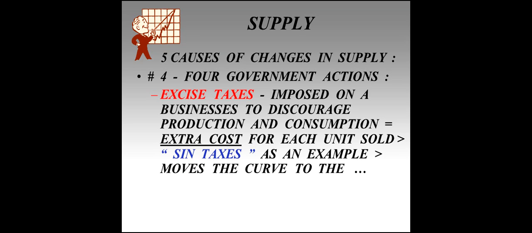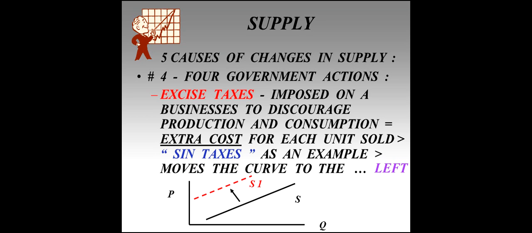The most famous or recognizable set of excise taxes are probably the taxes on alcohol and tobacco. As cost of production rises on products, as we've seen before, that's an increase in a variable cost. Some may argue that it might be a fix, but it will move the supply curve to the left.